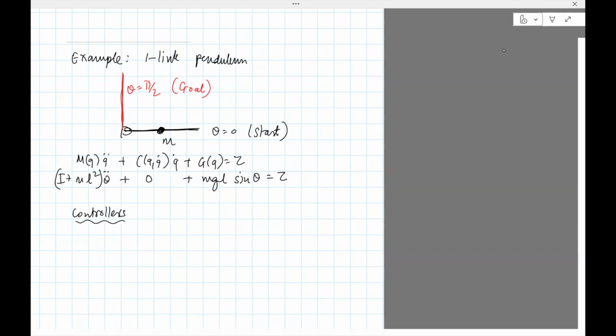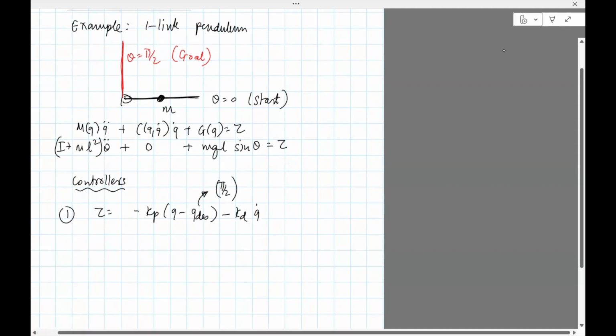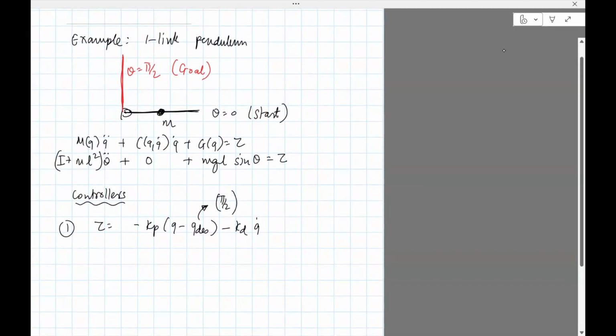So here I try two controllers. One of them is what you'd intuitively do, which is you just say Kp (Q minus Q desired) minus Kd Q dot, where Q desired would be you want it to go to 90 degrees. So you'll put pi divided by 2. Okay, so that's a simple PD controller, which you might have seen.